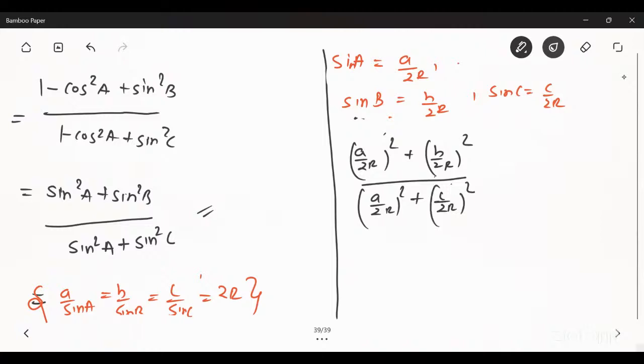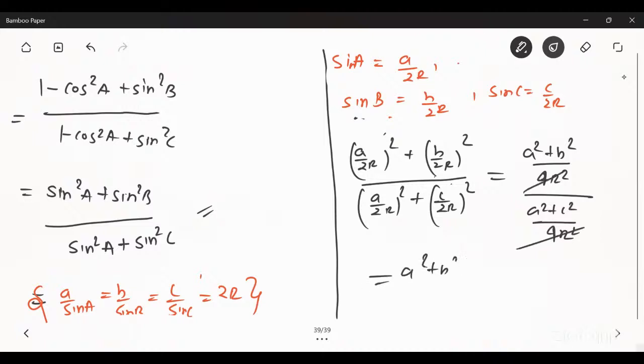Now all the 2r square terms will be cancelled because you will get in the numerator a square plus b square upon 4r square, and in the denominator a square plus c square upon 4r square. Now the 4r square term will be cancelled, so you will get a square plus b square upon a square plus c square, which is equal to your RHS. Okay, that was the solution of your question.